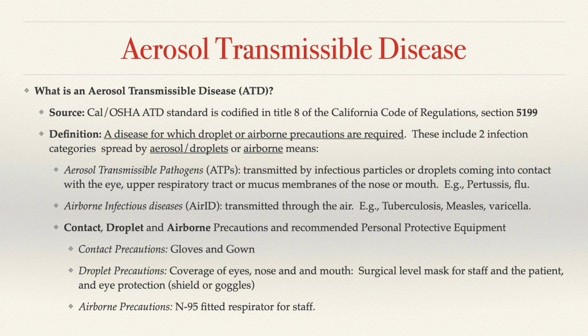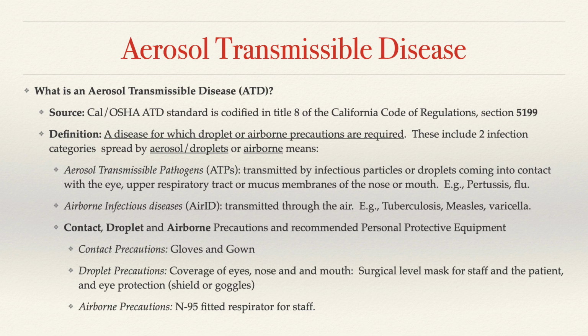Airborne infectious diseases are transmitted through the air. For example, tuberculosis, measles, and varicella, also referred to as chickenpox. Now, let's look at the relevant precautions and the recommended personal protective equipment for each of these. Contact precautions require gloves and gown.